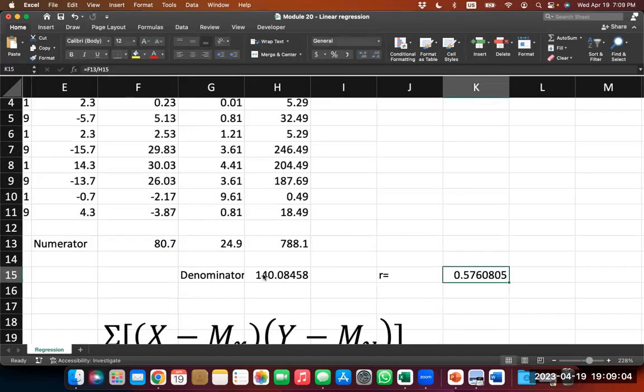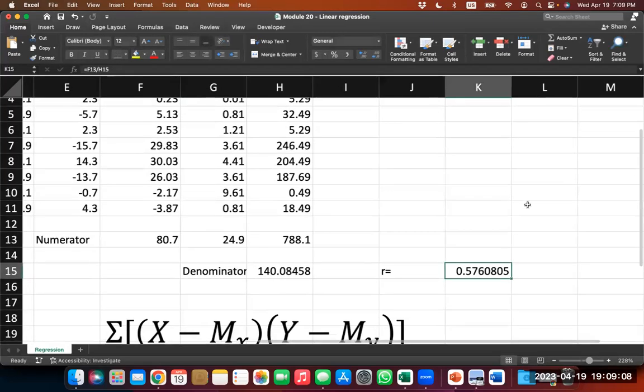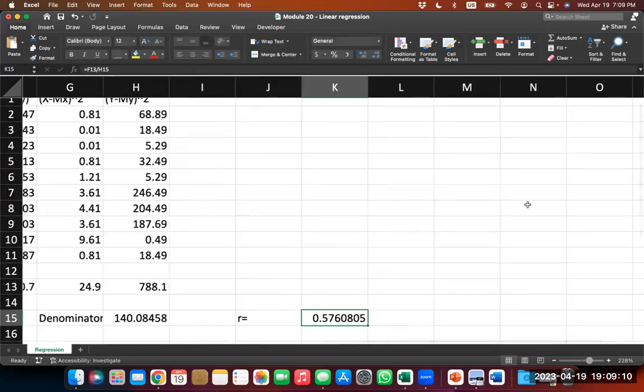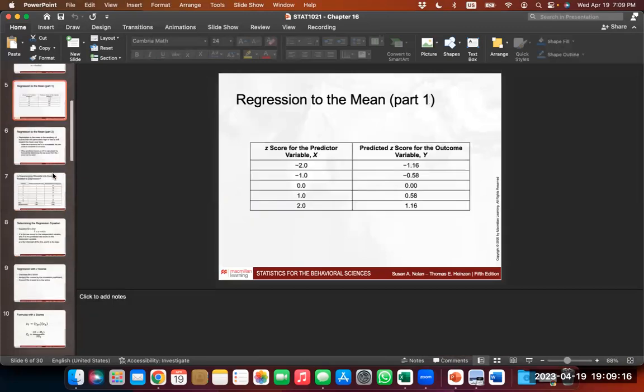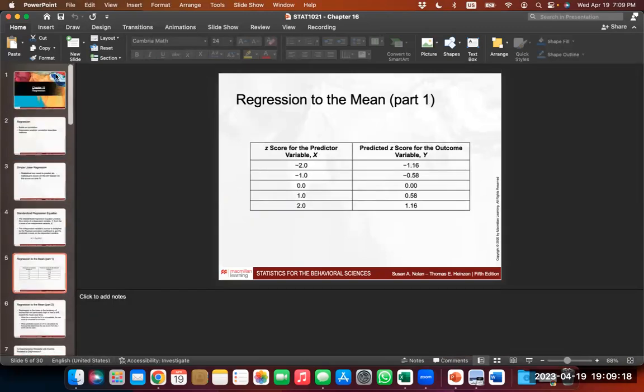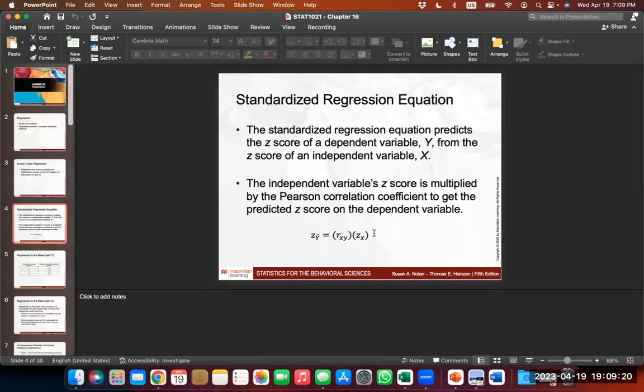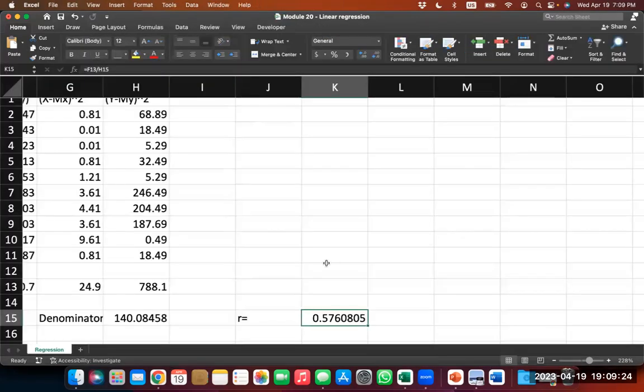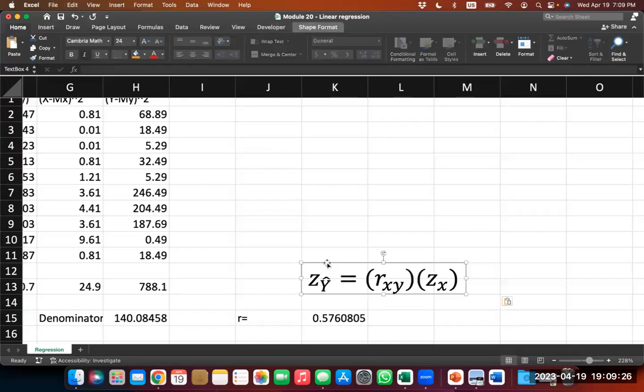So that was the example which we've seen before. It's basically the same correlation coefficient. Good. So now we know from the previous slide that we're calculating now our predicted y, y hat.